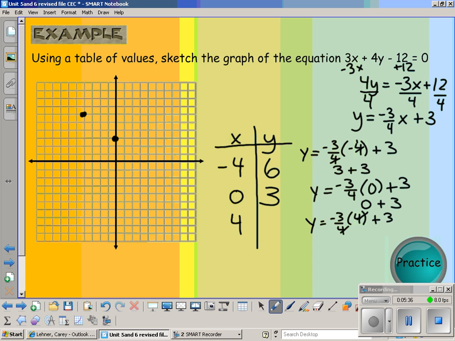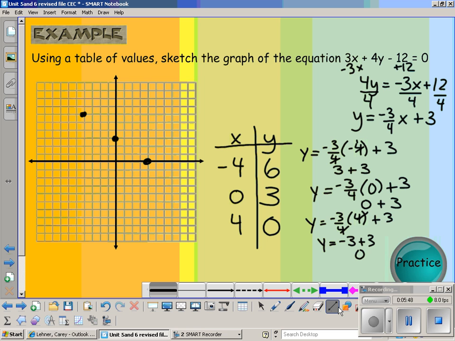The 4's will cancel out, so we will have negative 3 plus 3, which is 0. So when x is 4, y is 0. And again, we will notice that we likely have not made an error because we can join a line through these points, extend it in both directions, and put arrows on the end. And that is how you graph an equation of a line using a table of values.